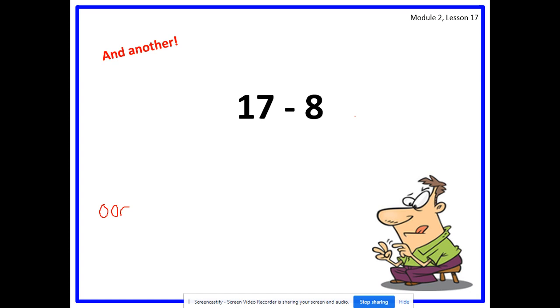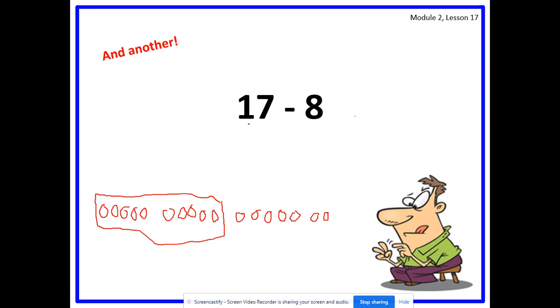1, 2, 3, 4, 5, 6, 7, 8, 9, 10, 11, 12, 13, 14, 15, 16, 17. And you should have circled 10.